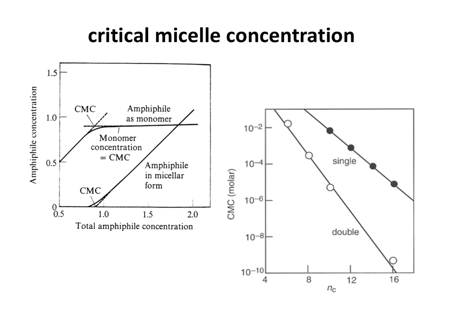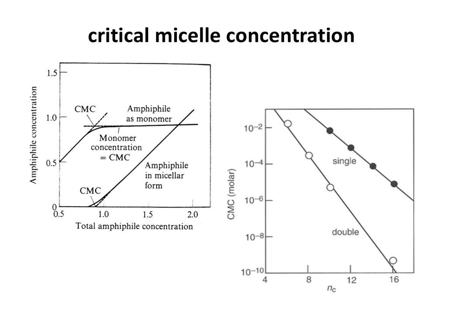Now we saw that there is a critical micelle concentration, and experiments have been done where two things have been changed. The first is the length of the hydrocarbon chains of the amphiphile. So on the right you see how the CMC depends on the length of the hydrocarbon chain, nC, of the amphiphile.